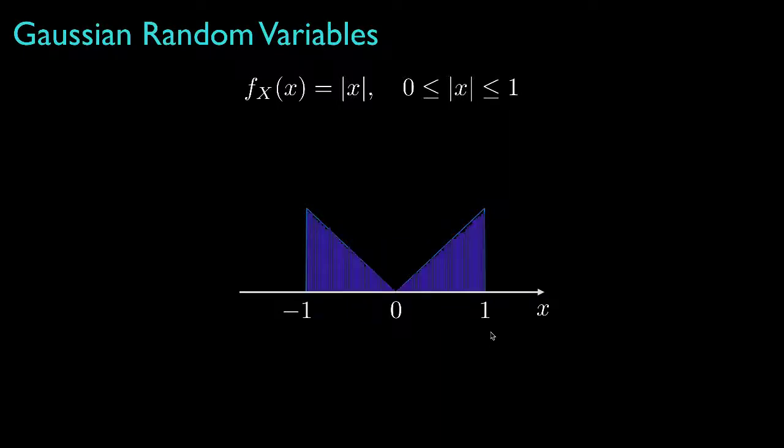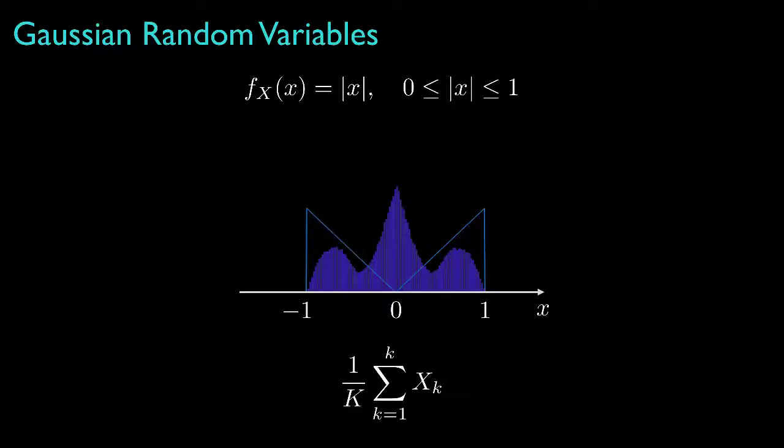Now, if we generated 1,000 realizations of a random variable with this density and constructed a histogram of those data, the resulting histogram might look like this, which, as expected, conforms to the shape of the underlying density. Now let's see what happens if we average some realizations of this random variable. Here, for example, we show the histogram for 1,000 realizations of the average of 2 realizations of this random variable.